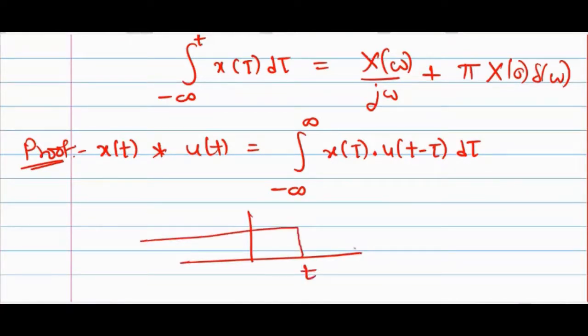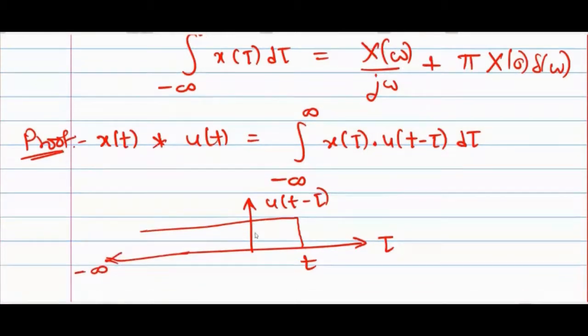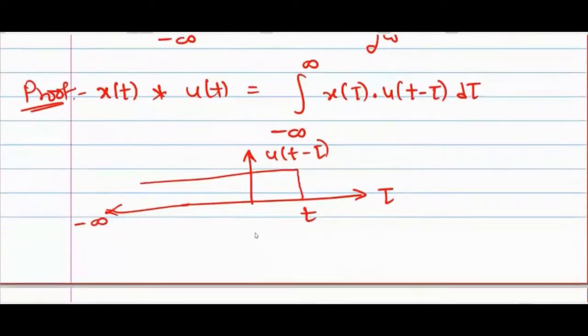When we are sketching this with respect to tau, this u of t minus tau is present from minus infinity to t. You can refer the video of convolution integral if you have some doubt. So as unit step signal has amplitude 1 and it is present from minus infinity to t, so integration limits will be minus infinity to t. I told you that whenever unit step function will come, integration limits will change. So this will be x of tau into d tau.